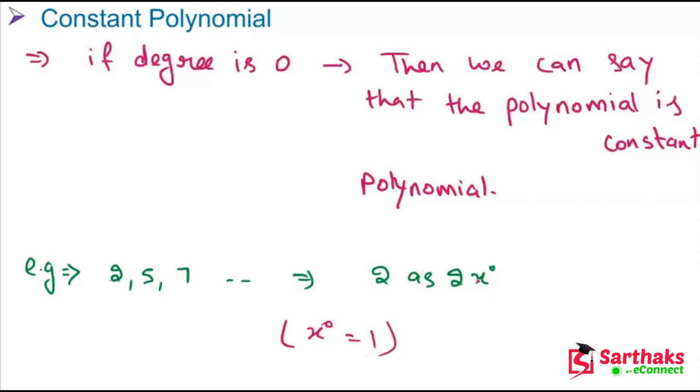So x raised to power 0 is 1, and it is 2 into 1, which is 2. So in this case, the maximum power is 0. And we can write 5 as 5 into x raised to power 0. I hope you understand these things.